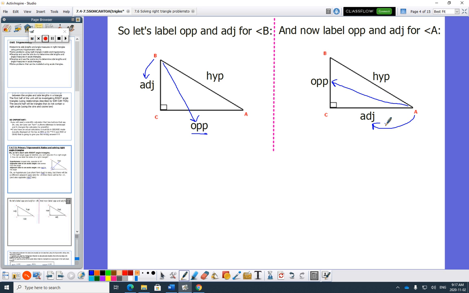And that is going to influence what our primary trig ratios are. So when you have a question, read what it says, find the measure of angle A, then I would go in and label what's opposite and what's adjacent, and the hypotenuse is always across from the right angle. At least when you're first starting this.